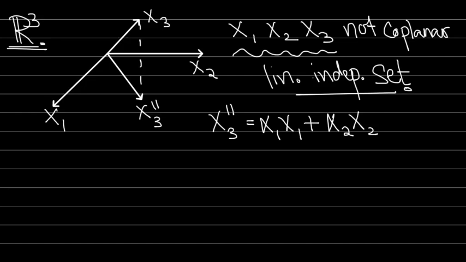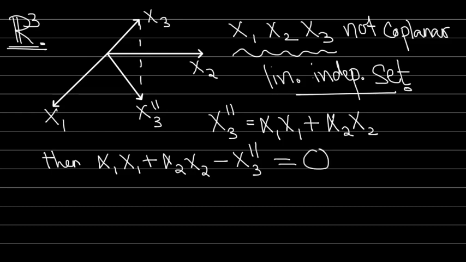And so then we have alpha 1 x1 plus alpha 2 x2 minus x3 parallel component, and this expression vanishes, so it's equal to 0.